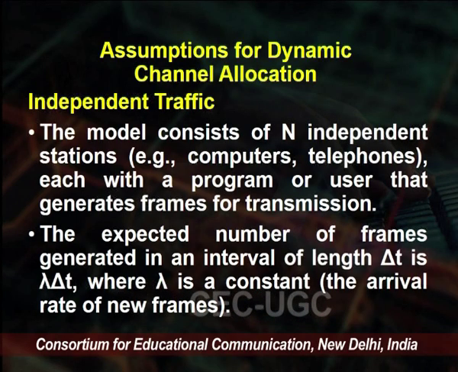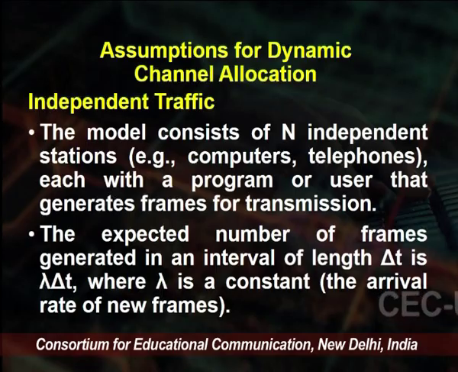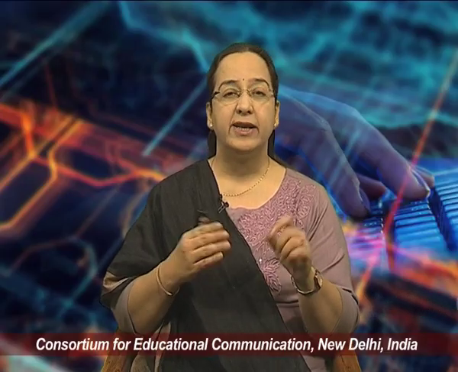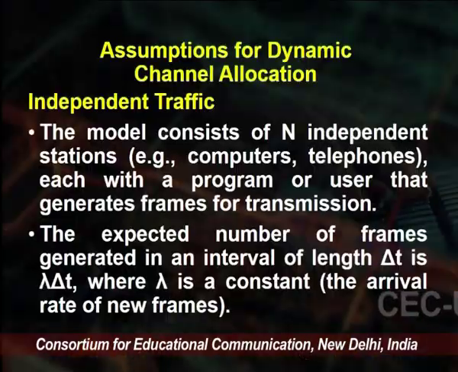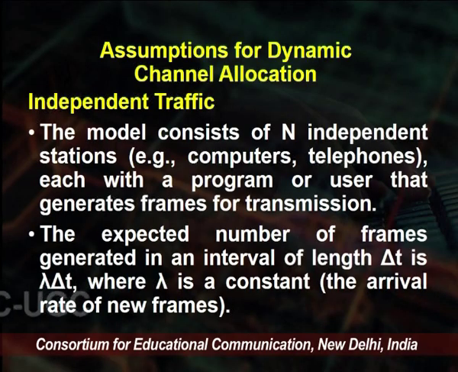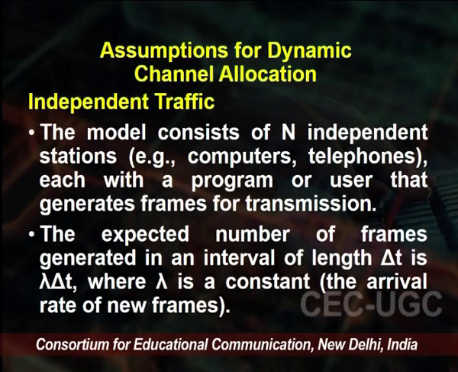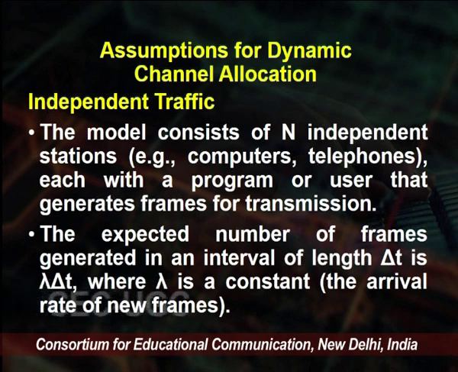The expected number of frames generated in an interval of length delta t is lambda times delta t, where lambda is a constant, the arrival rate of new frames. So, whatever new frames arrive in an interval of length delta t gives the expected number of frames generated, lambda into delta t.